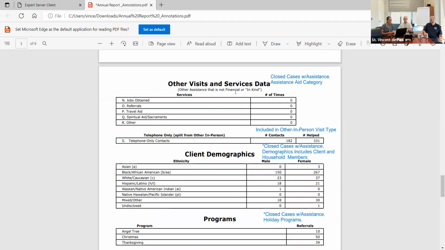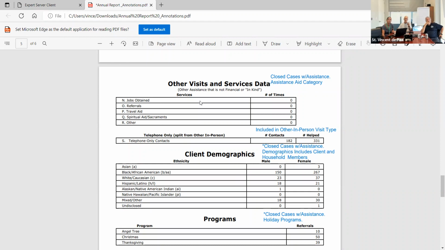Other visits and services data. Once again, closed cases with assistance. This comes from the assistance aid category. So if you went to provide somebody assistance and you went to in-kind, you would have the drop-down and it would say assistance aid.